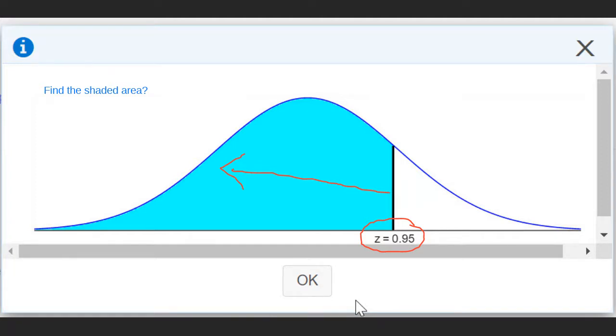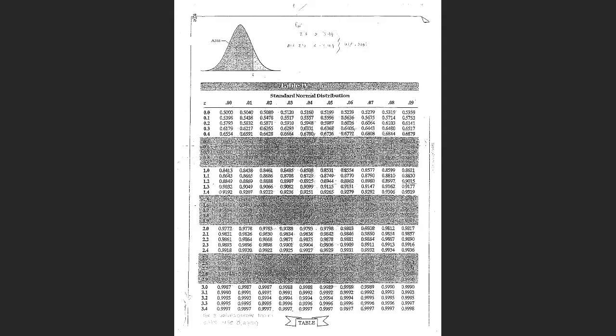So I'm going to go back to my table, and I'm going to look for a Z-score of 0.95. Since that's positive, I'm going to look for positive 0.95. So I'm looking at page 2 where the positive numbers are. And just to remind you, the Z-score was positive 0.95.